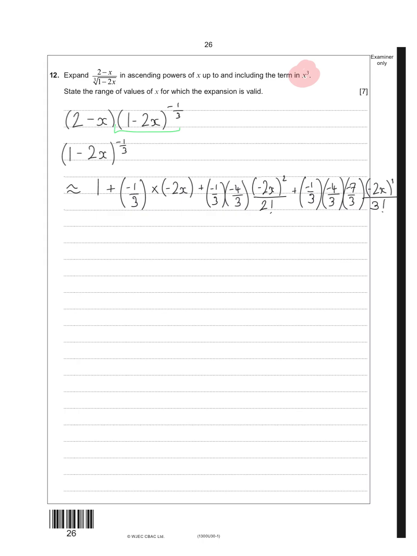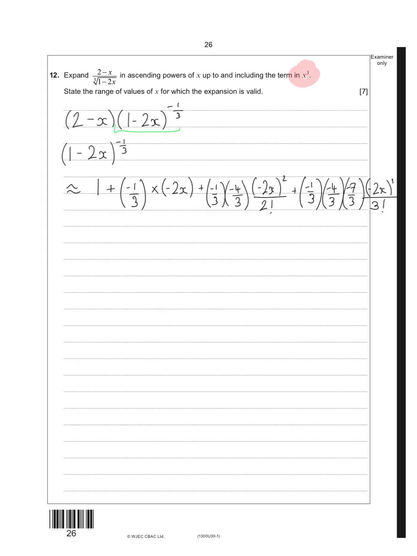Then the 6 on the bottom from the factorial isn't really going to cancel apart from with one of the factors of 2. So I'm going to have 4 times 4 times 7, which is 112, and then 3 times 3 times 3, which is 81, and again it's going to be positive. So I'm going to have 112 over 81 x cubed.